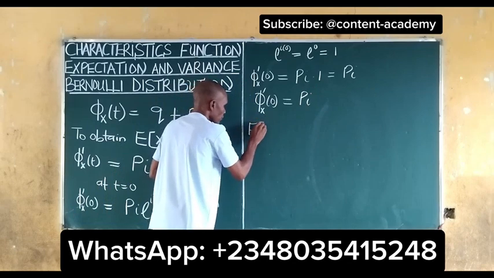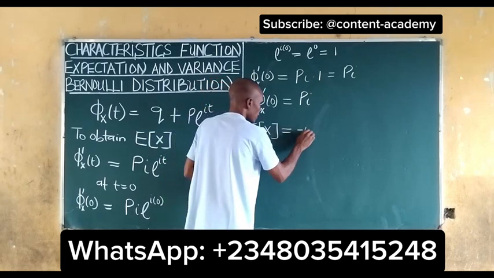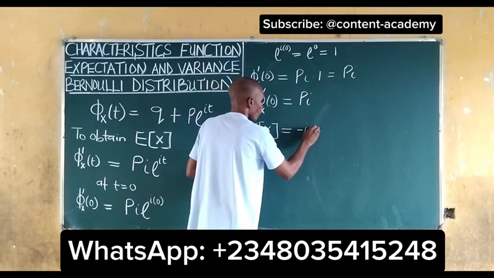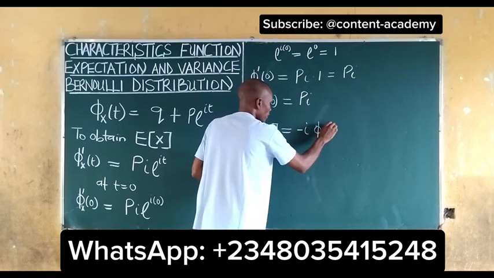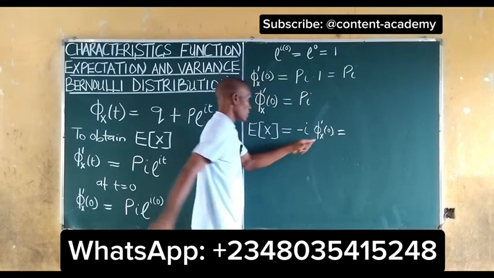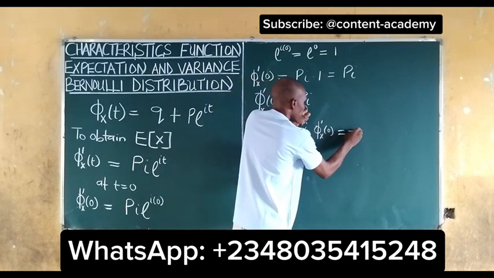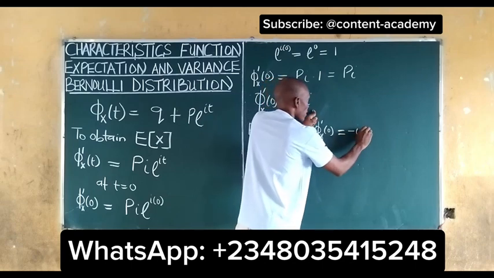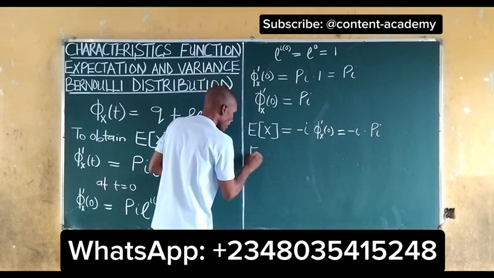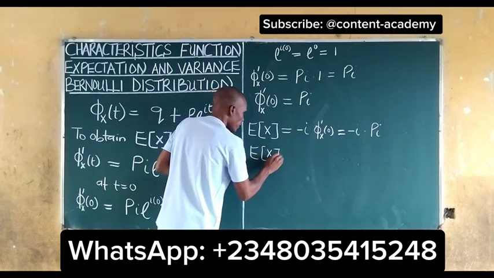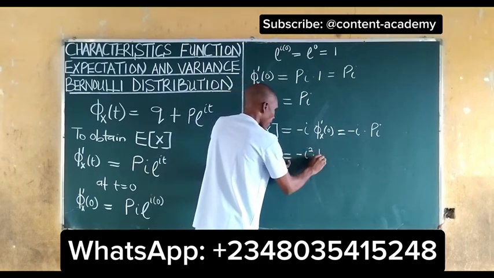The expectation of x can now be written as negative i multiplied by our first derivative of the characteristic function, which is equal to this. Because of this negative sign, we put it here: negative i multiplied by p i. So our expected value of x is equal to negative i squared multiplied by p.